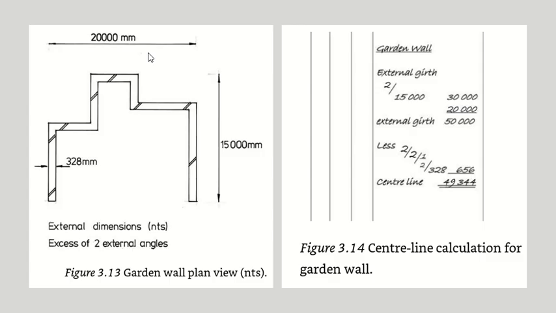So this is what you see here. And you can see this 1500 is external to external, right? So this is already external girth. Clear? Now, should I add or subtract anything in external girth? Forget about everything else. Is external girth complete? Did I miss anything by doing this? 2 times this, 1 times this. Did I miss anything in terms of length?